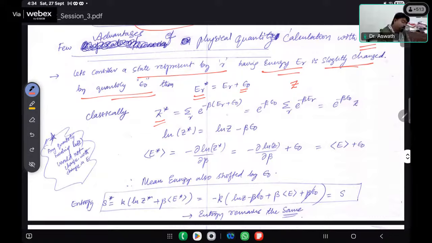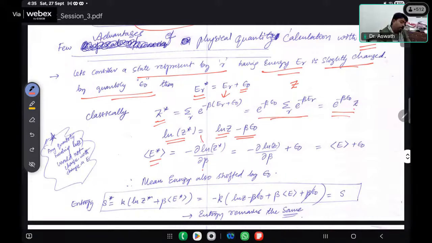Now, if you substitute the new energy value and rearrange, you see the new partition function is equal to old partition function multiplied by simply exponential of minus beta epsilon naught, where epsilon naught is the energy coming from the surrounding. So log of new partition function is log of old partition function minus just beta epsilon naught.